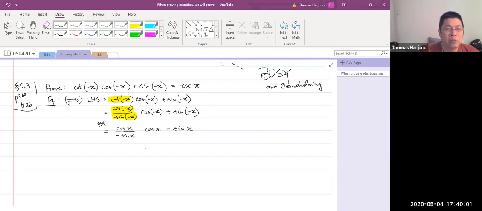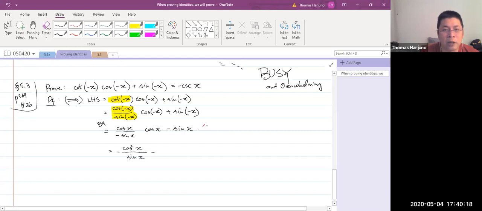Now then, let me do LCD. So I have cosine squared x over negative sine x equals, I multiply this by sine x over sine x. So I get minus sine squared x over sine x.